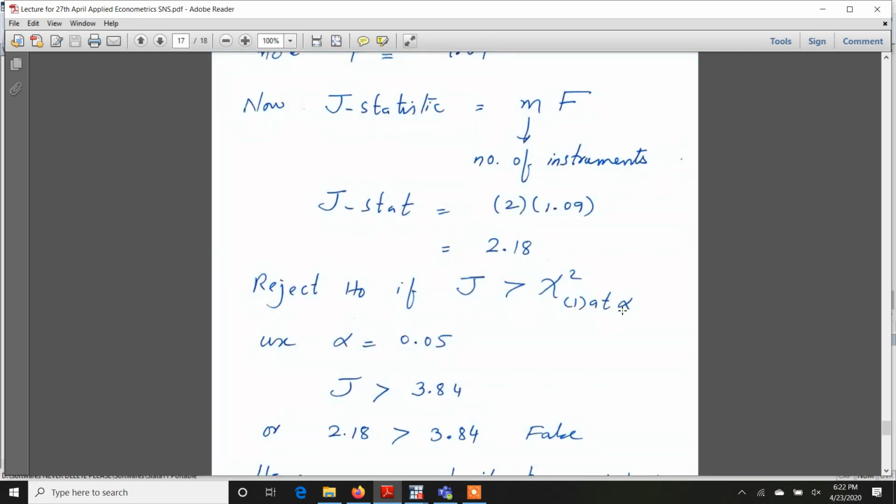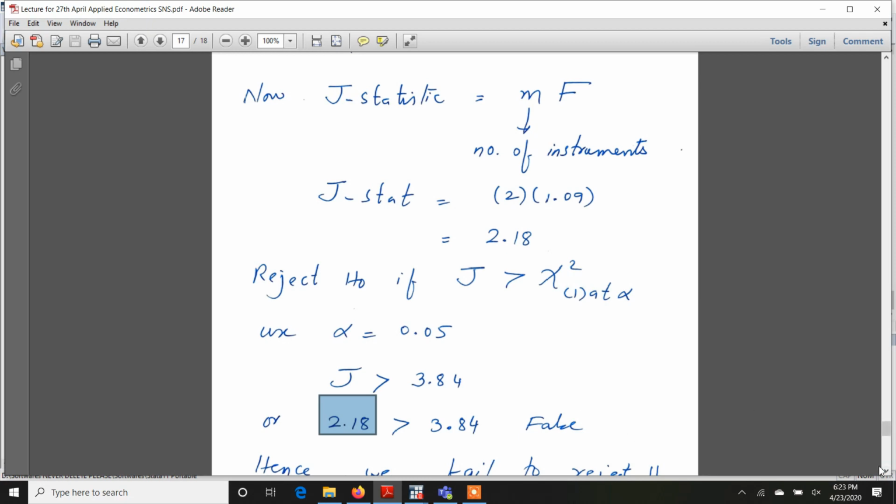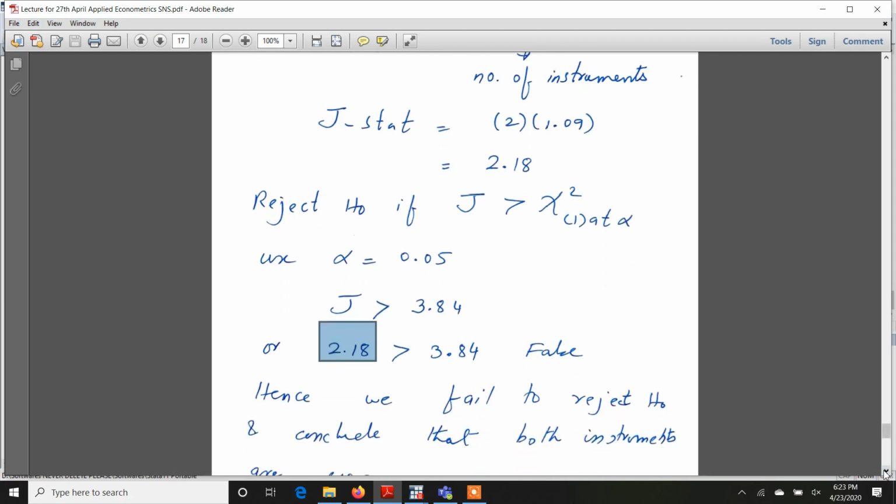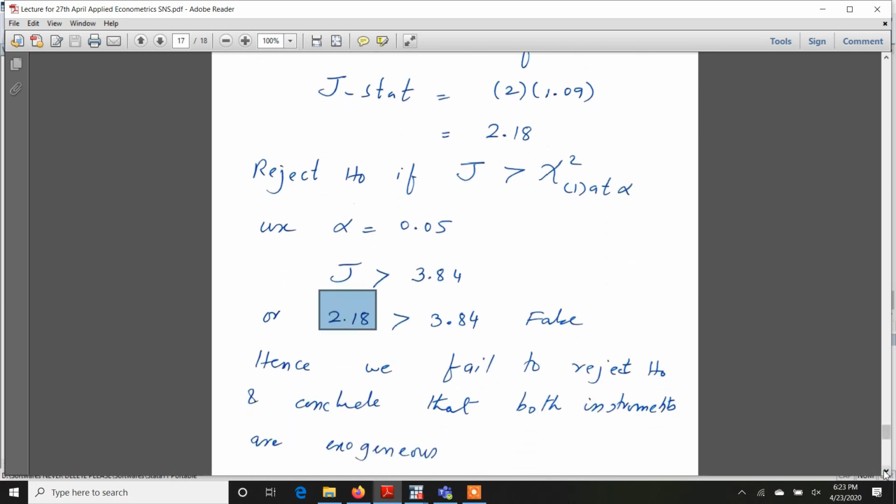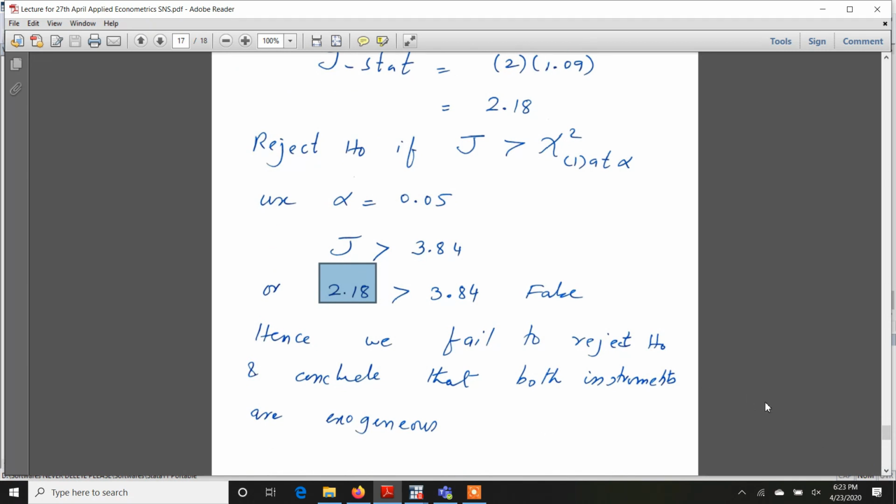If you use the chi-square table at alpha equal to 0.05, the chi-square value is 3.84 and your computed J stat is 2.18. So 2.18 is not greater than 3.84. That means we fail to reject H naught and we conclude that both instruments are exogenous.